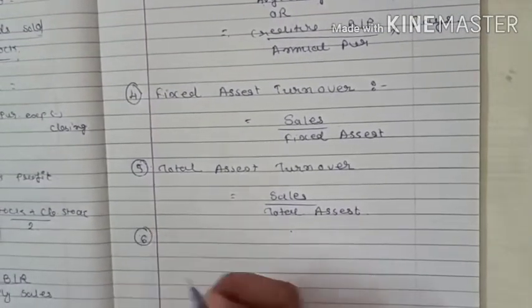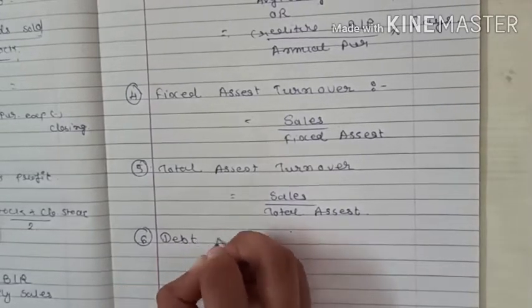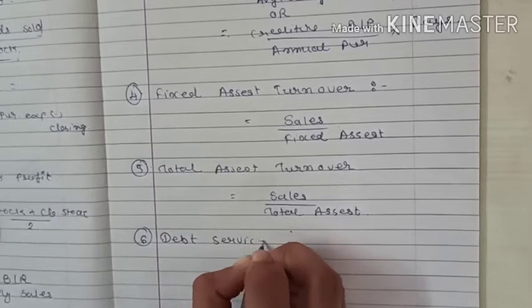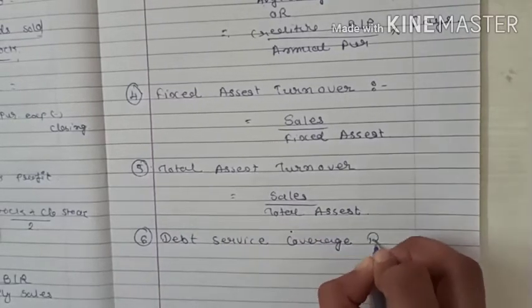Right? Now last, sixth one, debt service coverage ratio.